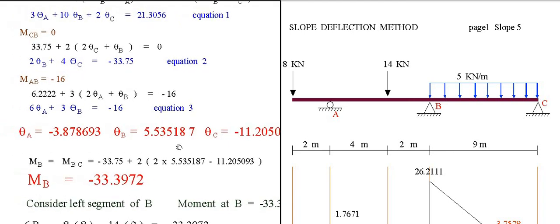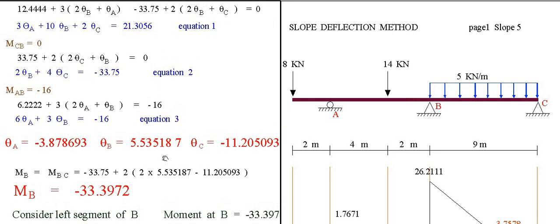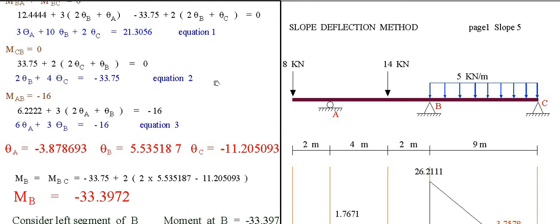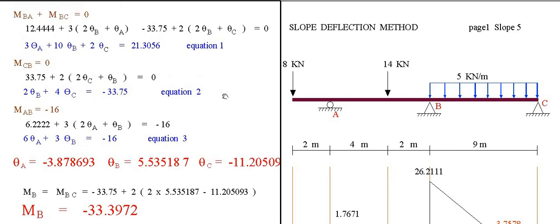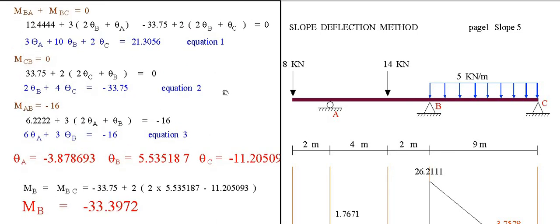Okay. Then substitute this theta to the equation. Now moment CB, if we substitute here theta B and theta C, it is 0.